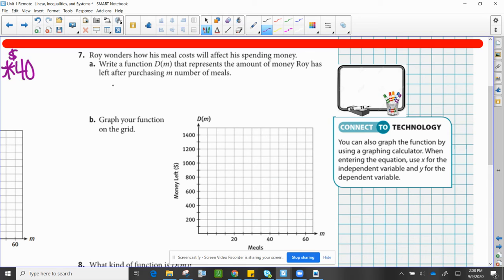We're going to write a function, d of m, that represents the amount of money Roy would have left over after purchasing m amount of meals. So go ahead and think about what that function would look like. Well, hopefully it's very similar to our first equation, except for 100t, we're doing $40 per meal. Okay, so that's what our function looks like there.